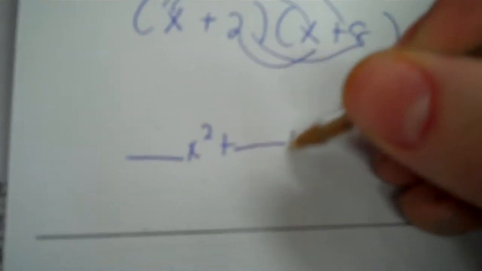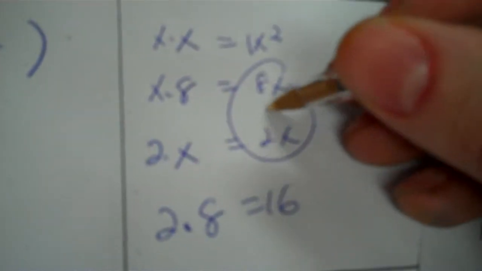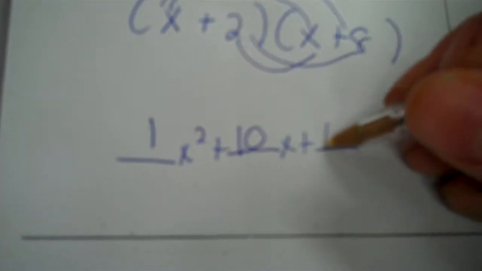So, x second, x, constant. So x second is 1. X, you have 2 of those, which you combine by adding. That's 10. And then 16. That's exactly what we started with, so I did this correctly. That's me checking that this is the right answer. Okay. I'm not going to require you to do that, but yeah.